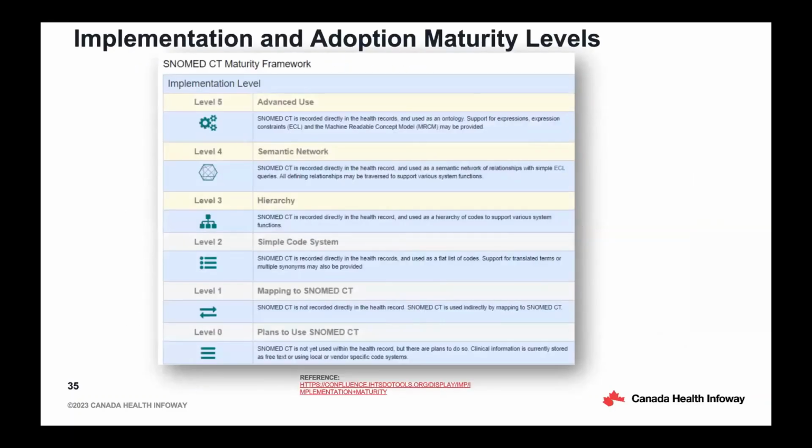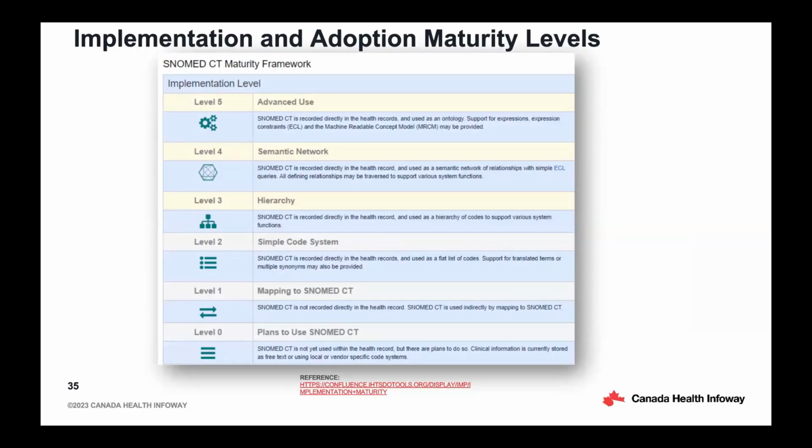There are certain characteristics used to gain insight into the level of maturity and adoptability of standards and their implementation specifications. Here is an example of a standards implementation maturity model using the SNOMED-CT maturity framework, which conveys a standard or implementation's maturity based on its implementation state.